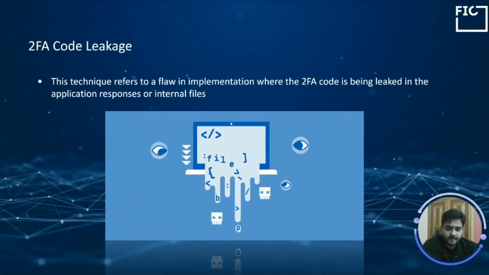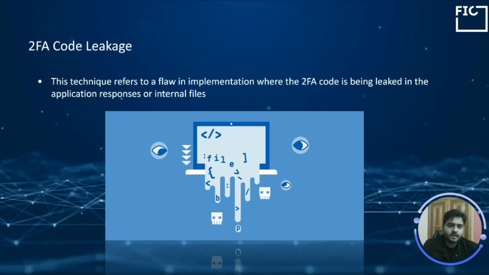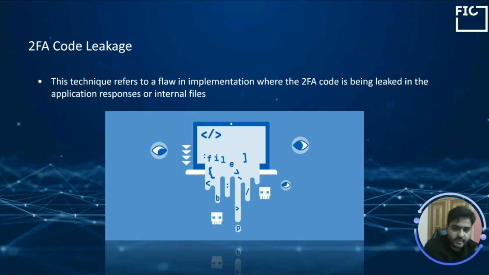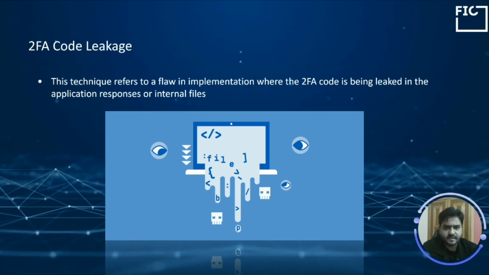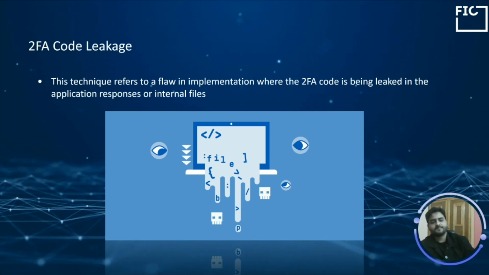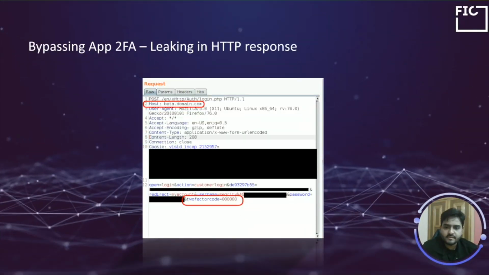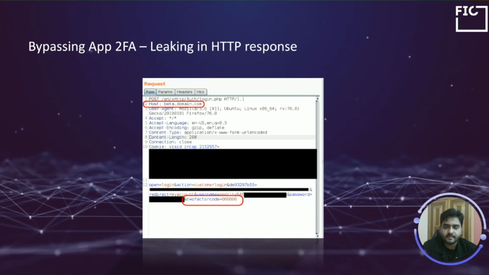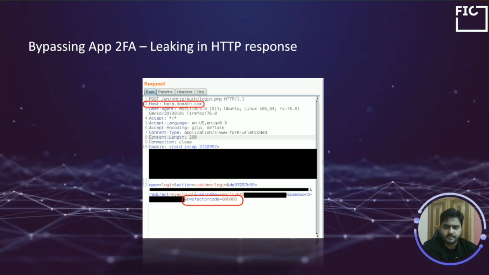This is another, and I think we're running a bit out of time here. This is another very interesting scenario. It is called 2FA code leakage. This is a scenario where the 2FA code is leaked in the application responses or internal files. As you can see here, bypassing the app's 2FA, leaking in the HTTP responses.